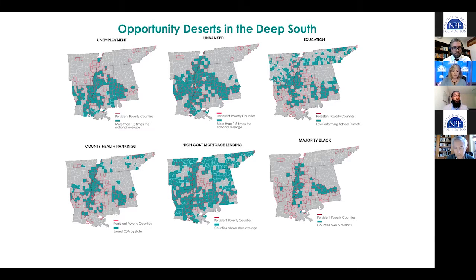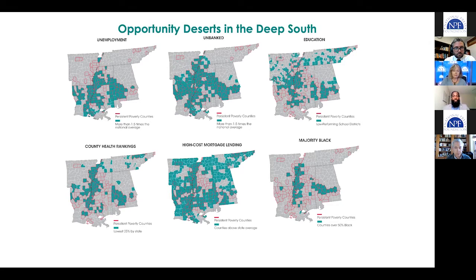But just a few other points here about the relationship between persistent poverty, geography, and other variables of interest is that in the Deep South, the highest rates of unemployment are often in places of persistent poverty. The highest rates of unbanked and underbanked households are in communities of persistent poverty. And access to quality education and health outcomes are among the lowest in persistent poverty counties.